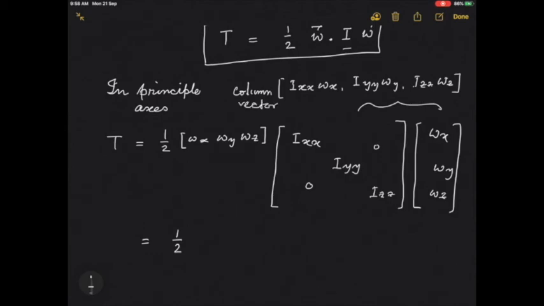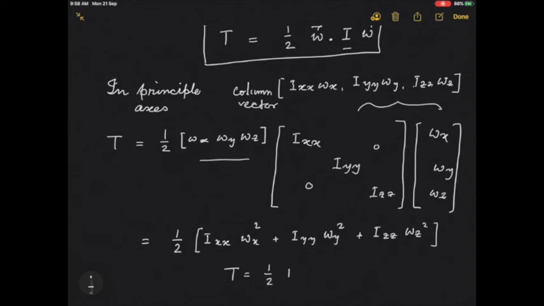It's a column vector like this. So when I multiply that column vector with this row vector, what you will get is often written this way.